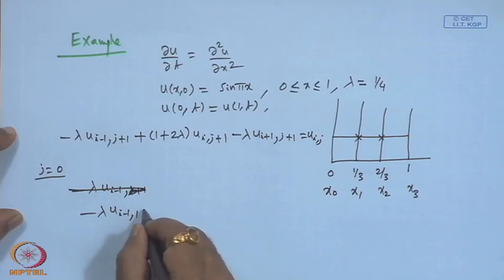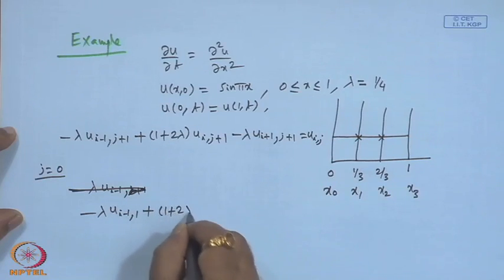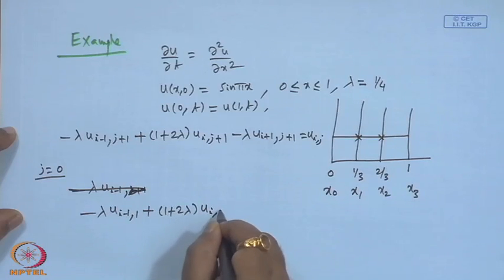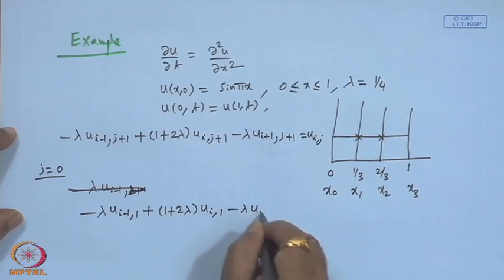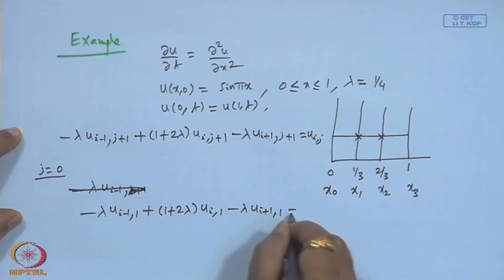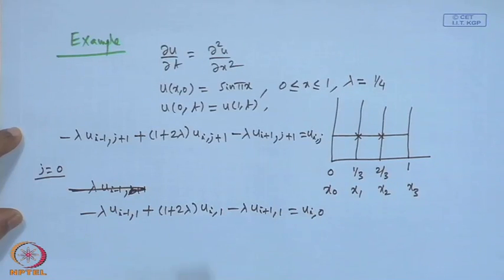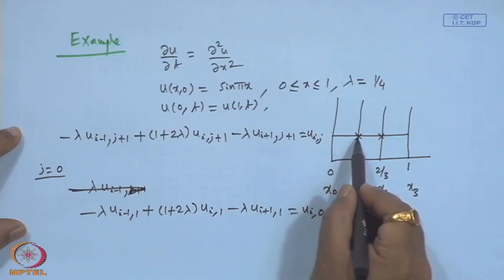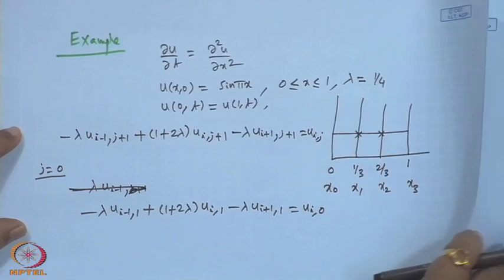So, this is 1, okay. So, this we are going to run I equals to 1 and I equals to 2. Okay.